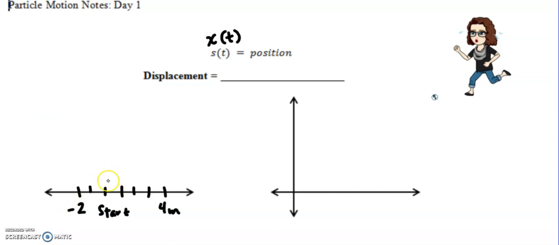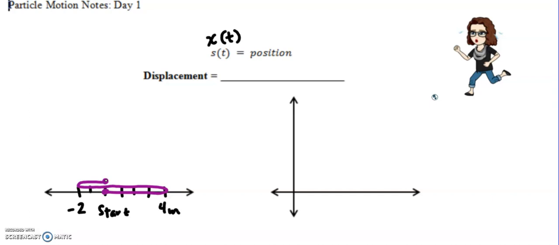So if we were to trace his path along a line, we would start here, we'd go 4, back to 2, back to 0. And you wouldn't actually see his change, because you're just drawing over itself. So what I'm going to do to accentuate that is to say, I'm going to go 4 meters here, I'm going to turn back around, and then I'm going to end up right here.